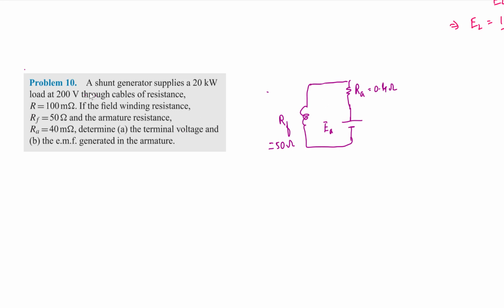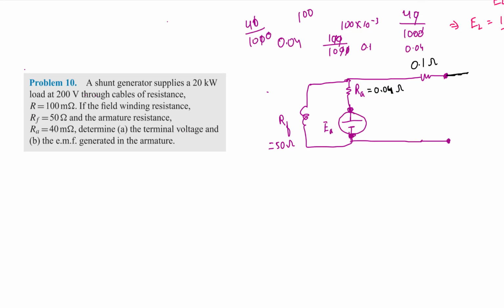Now this generator is connected through a cable whose resistance is 100 milliohm, that is 100 into 10 to the power minus 3, which means 0.1 ohm, to a load of 20 kilowatt.